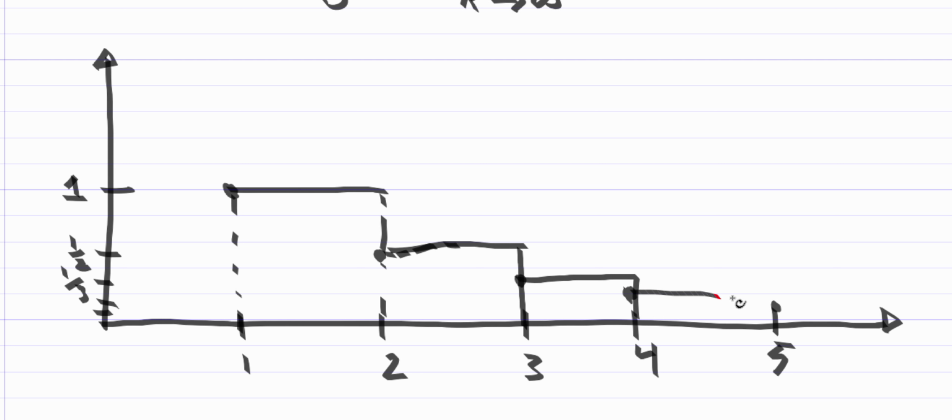And then I have 1/4, and 1/5, and I fill out those rectangles. And then I view the series as the sum of the areas of these rectangles. Now this starts to be reminiscent of an integral. And what's it the integral of? Well, the function is 1 over x. So what will 1 over x look like?